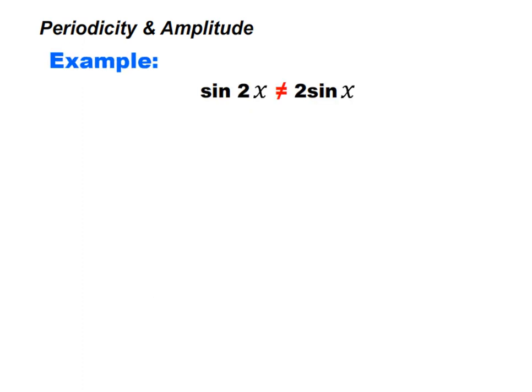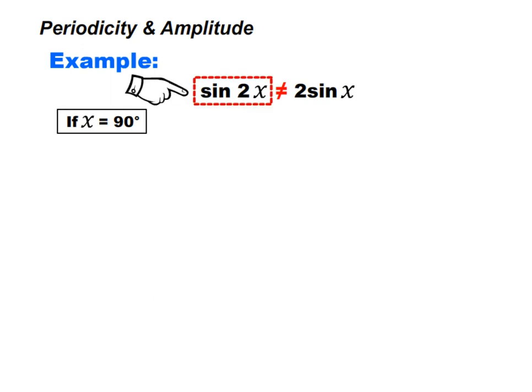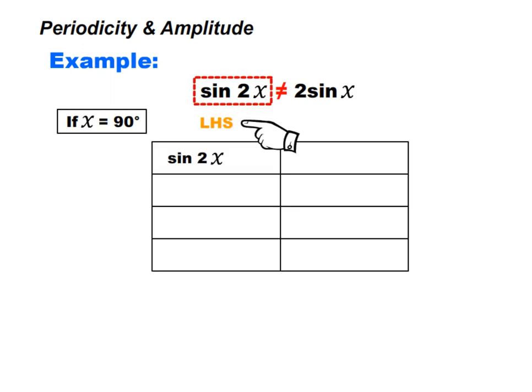Have a look at this example. In this example, we want to show that sine 2x is not equal to 2 sine x, and we are given that x is equal to 90 degrees. Let's have a look at sine 2x, which is the expression on our left hand side, or LHS.